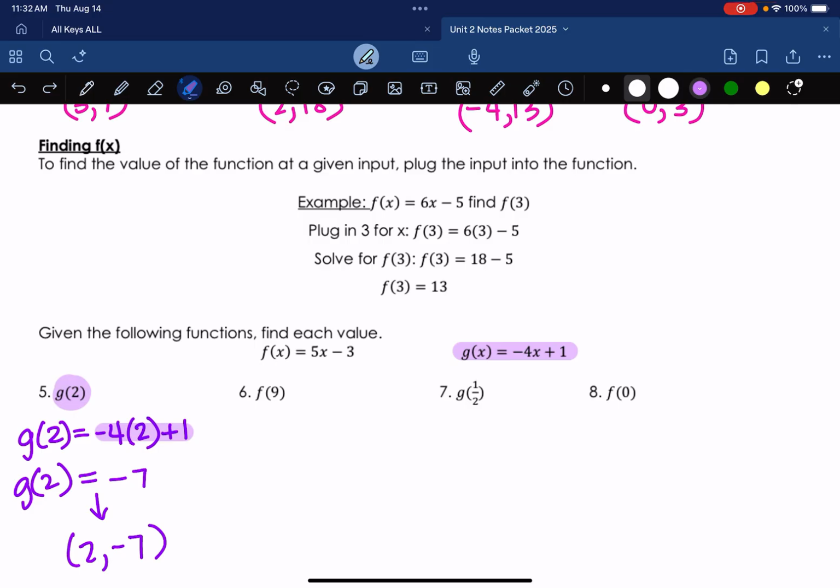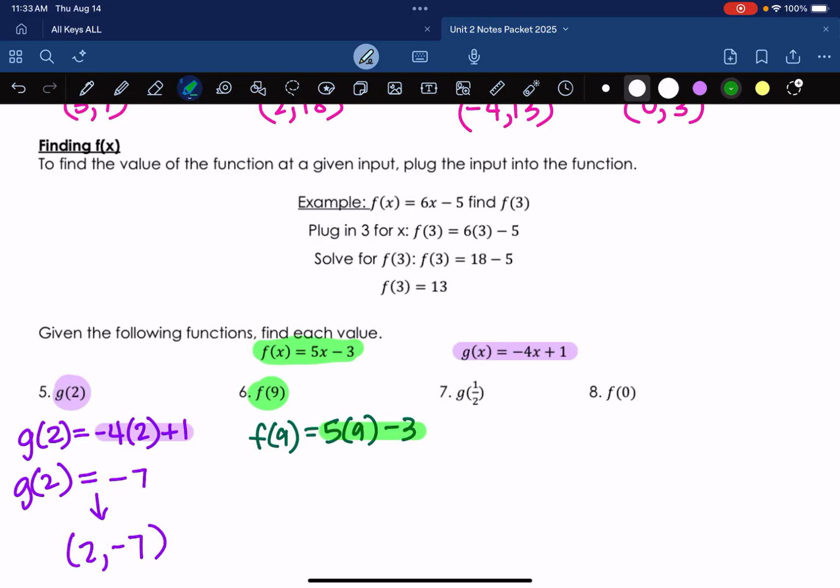Then the next one, we are not going to do the g function. Now we're going to be looking at the f function. So if I'm looking at the f function, now my job is to plug in 9 anywhere that I see x here. So f of 9 just means 5 times 9 minus 3.